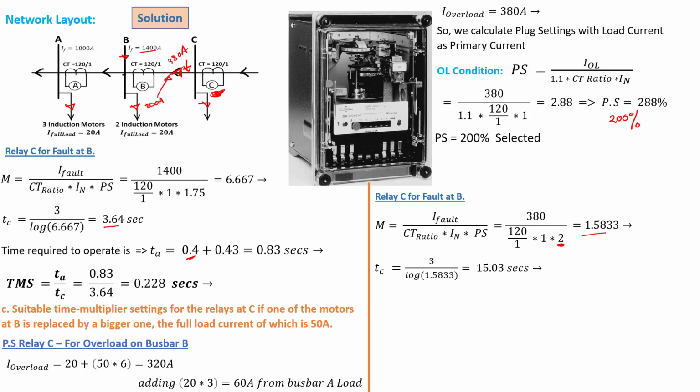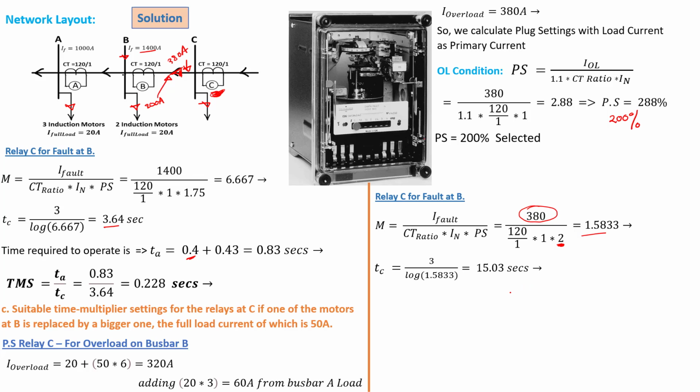And with this TC, we can then move on and calculate TMS. But now it is important to take account of the surge time. The surge time is the 5 seconds startup time that the motors take to start. And during that startup time, we have this high overload current of 380.